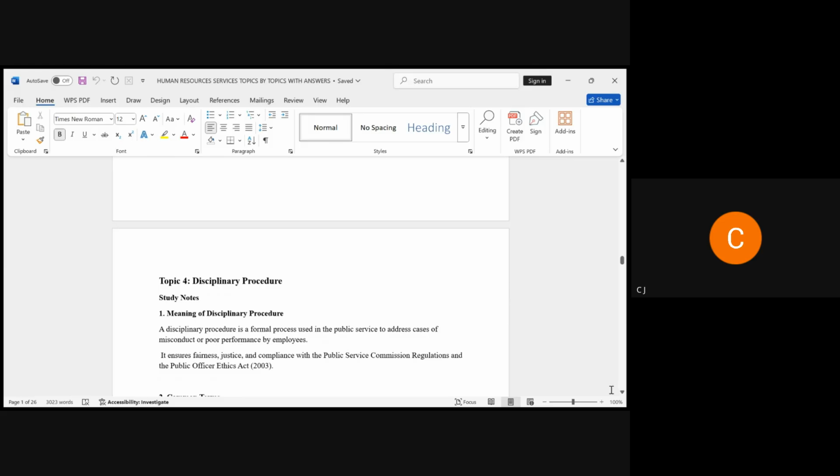It must ensure fairness, justice, and compliance with the Public Service Commission regulation. It must adhere to public service regulation and the Public Officer Ethics Act 2003.